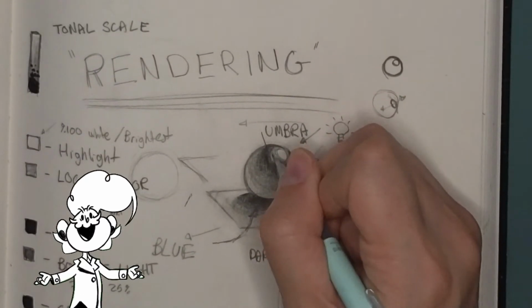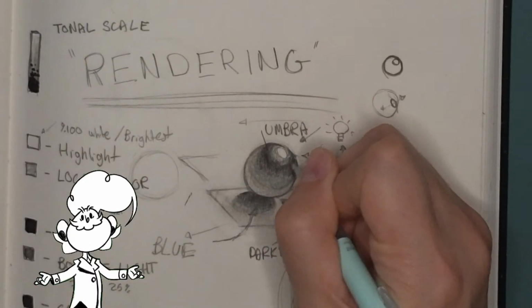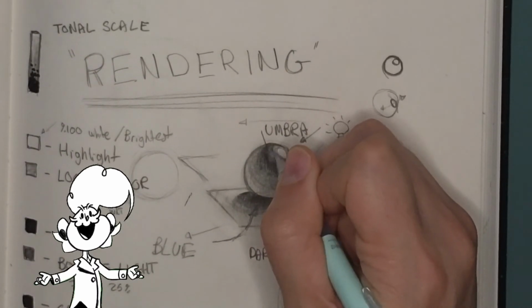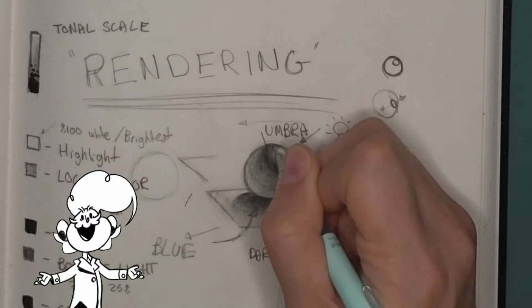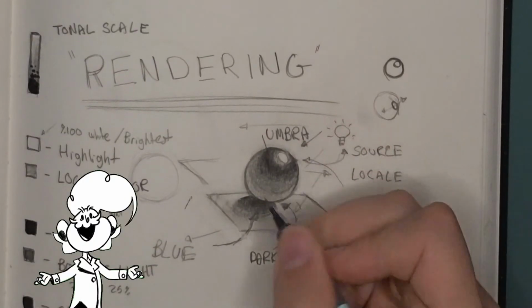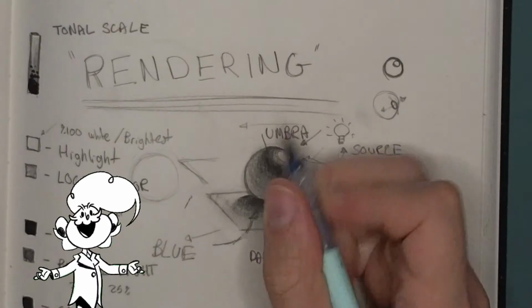Now, the way I'm doing the umbra here, it's addressing it as though the only light source it has to deal with is the specular highlight. But it could be from a lot of places, right? You could have the umbra going down the side.